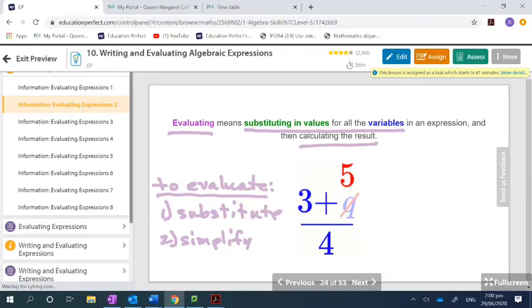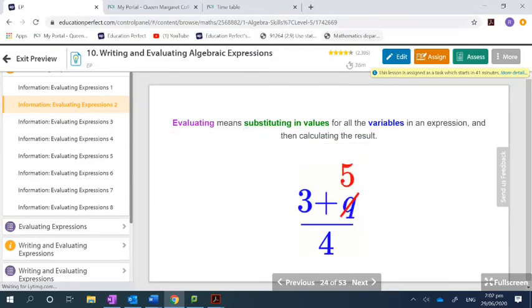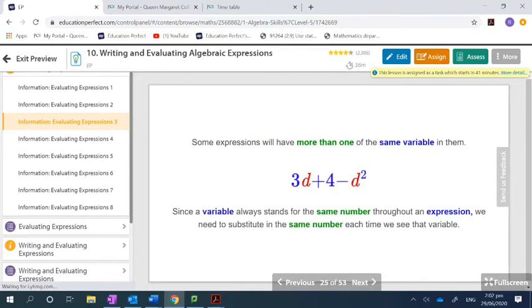And then they'll do the math for it. Substitute, then simplify. So there we are. They're simply substituting the 5 in place of the q. So that's substitution.